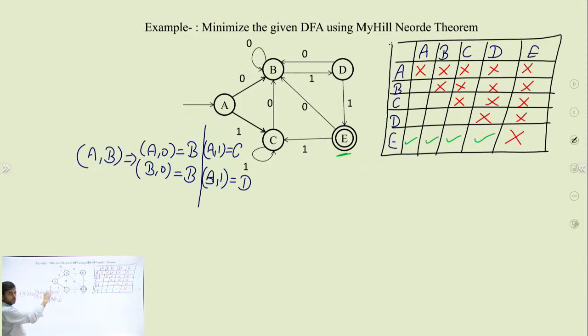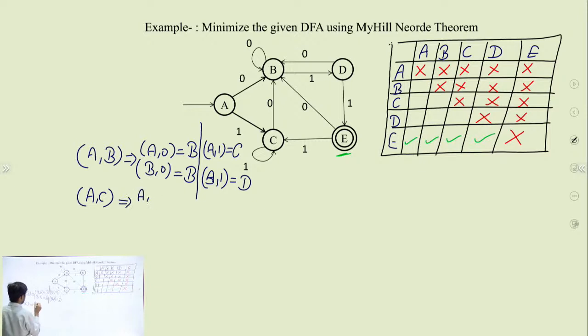Just write all these transitions first, to differentiate, and then we will check. Now the second unmarked pair is AC.